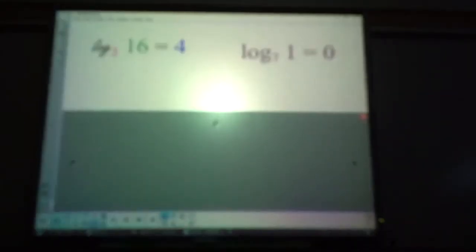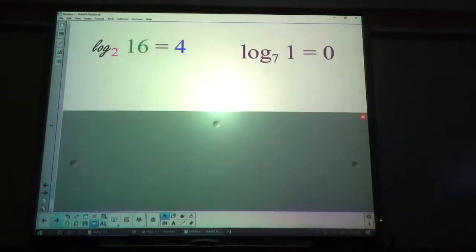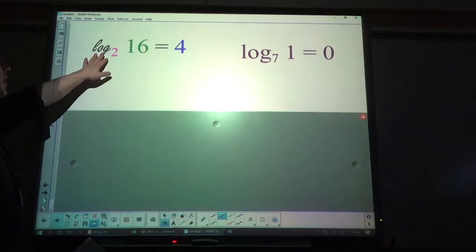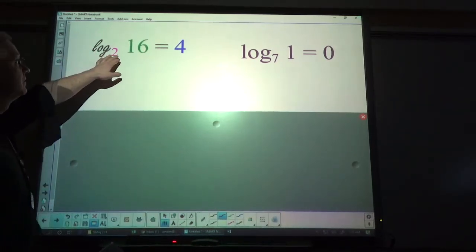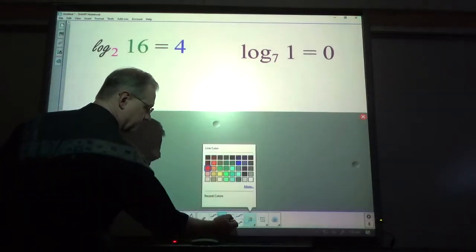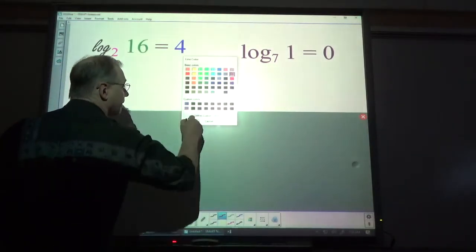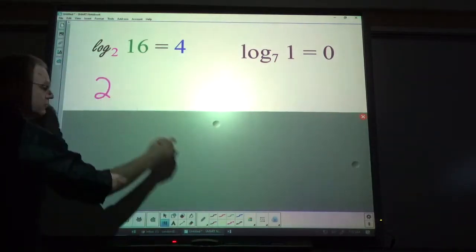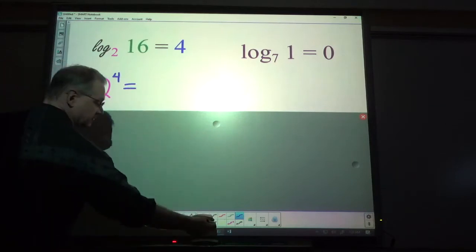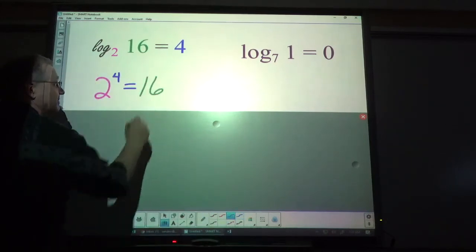All right, so now let's rewrite into exponential form from logarithmic form. Log base 2 of 16 equals 4. So 2 to the 4th power equals 16.